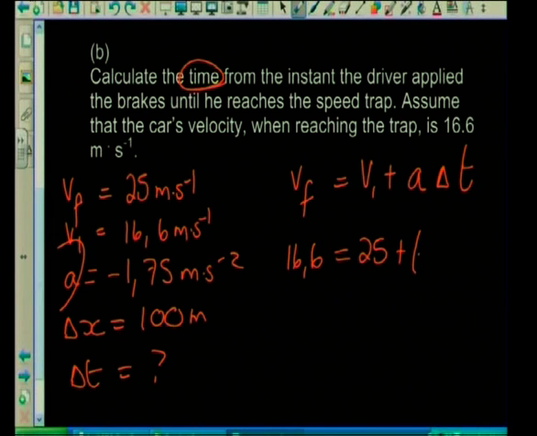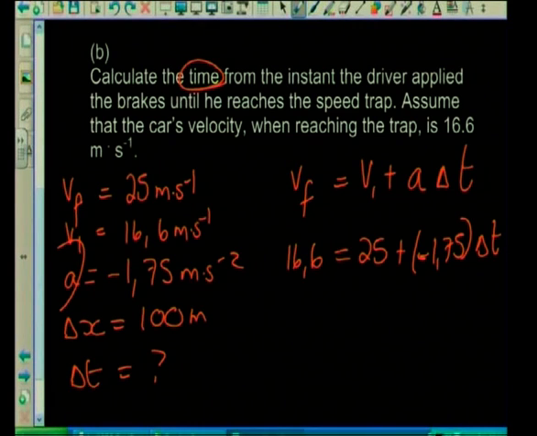A is minus 1,75. Please, grade 10s, be careful here. That negative is important. It's slowing down. It's a direction. You cannot let it go on holiday. Okay.